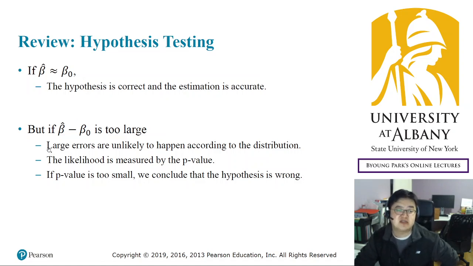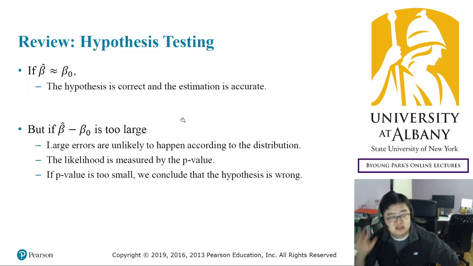If you think it's too unlikely, then you have to think about the other reason. If such a large estimation error is unlikely, then the reason for this large difference is the wrong hypothesis. Then you conclude that the hypothesis is wrong.